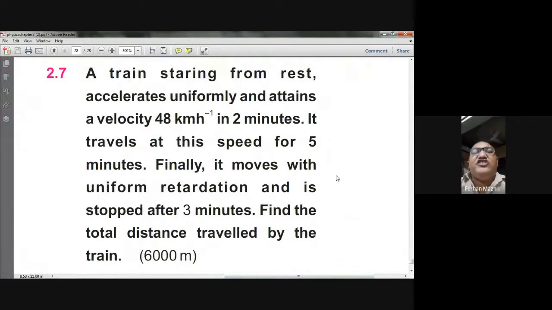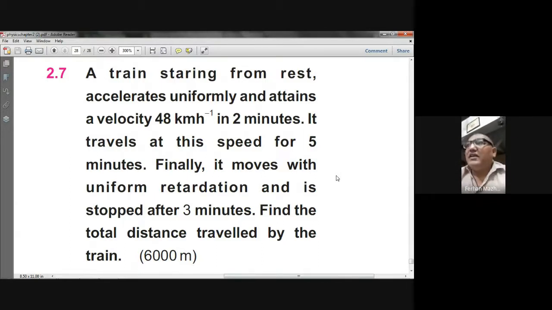A train starting from rest, so the initial velocity is 0, accelerates uniformly and attains a velocity of 48 kilometer per hour in 2 minutes. So the final velocity is 48 kilometer per hour, and this happened in 2 minutes. In 2 minutes, the velocity went from 0 to 48 kilometer per hour.